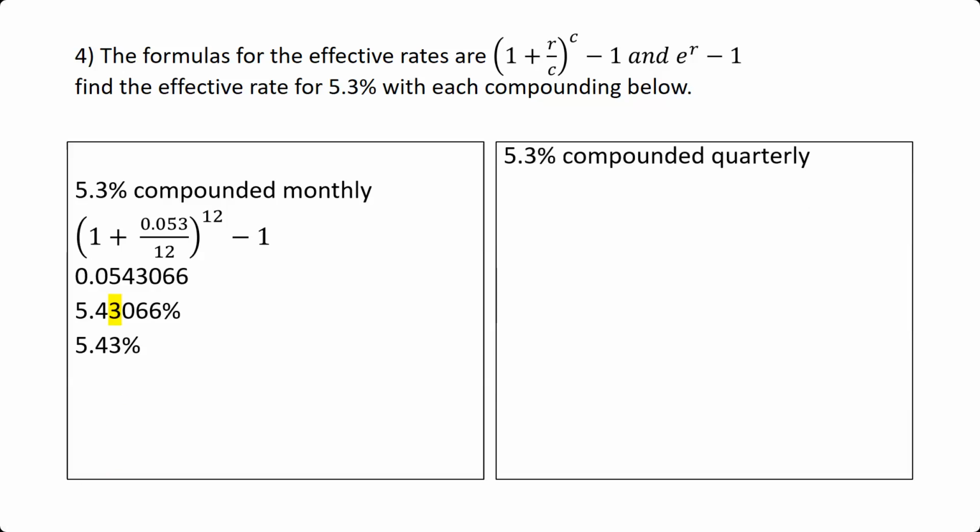And the next one, I believe, yeah, quarterly. 5.3% compounded quarterly. So it's still the same rate written as a decimal, but quarterly, what would c be now? Quarterly is 4 times in a year. You can remember 4 quarters in a dollar, it's 4.